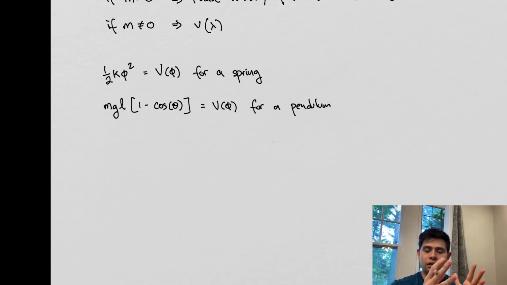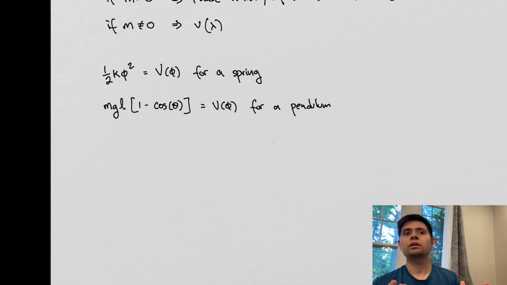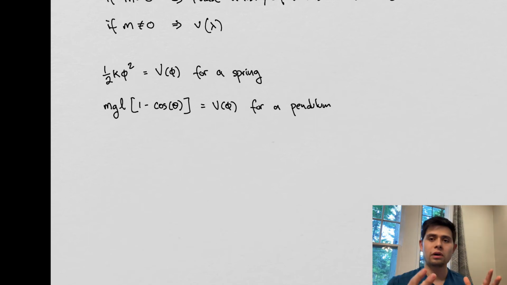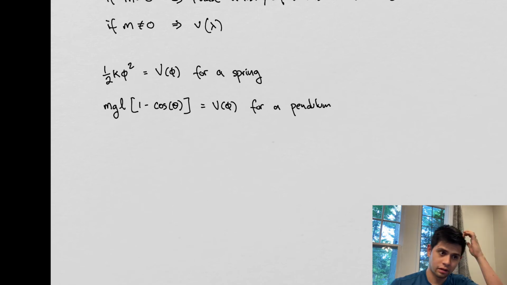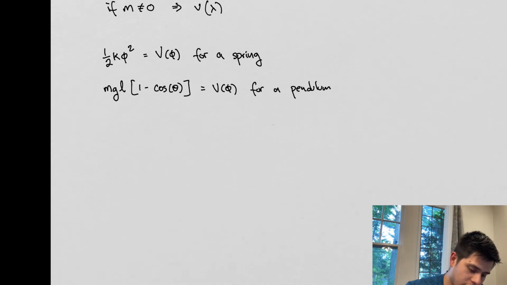A spring oscillates just like a pendulum oscillates. So nothing should really be stopping us from thinking one should be used more than the other, right? Let's take a look at this. If we consider this for a pendulum, again, this is just an oscillating object.